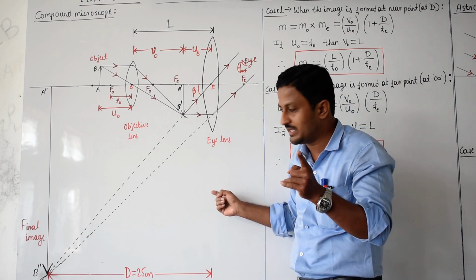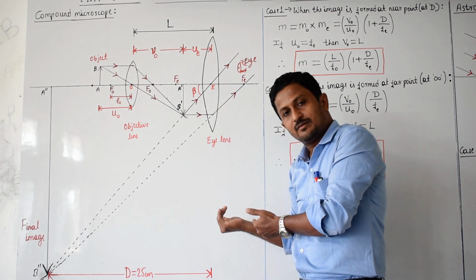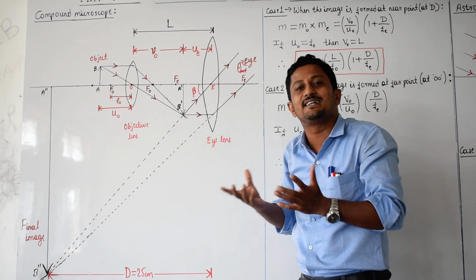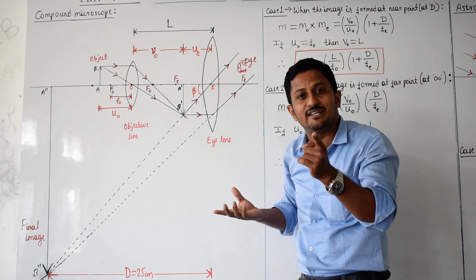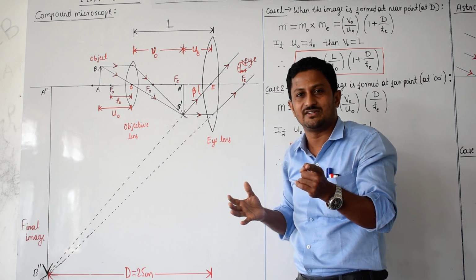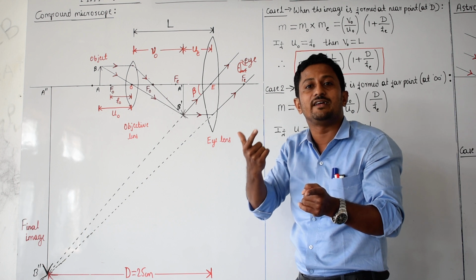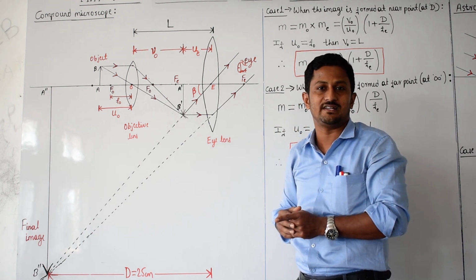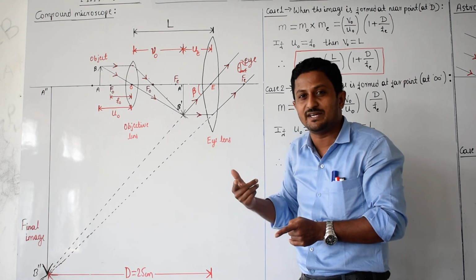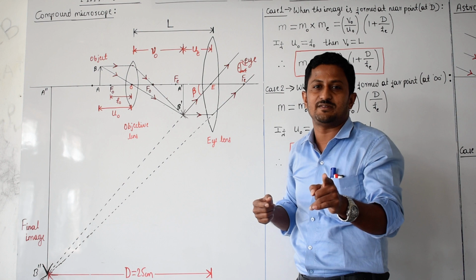If it is formed within 25 cm, then you cannot see a clear image. That is the limit, the least distance of distinct vision. Within 25 cm, our eye cannot see objects clearly. That is why the image formed should be at least at 25 cm.